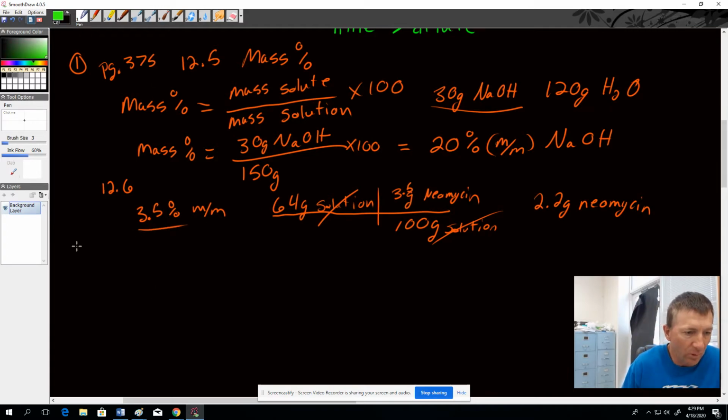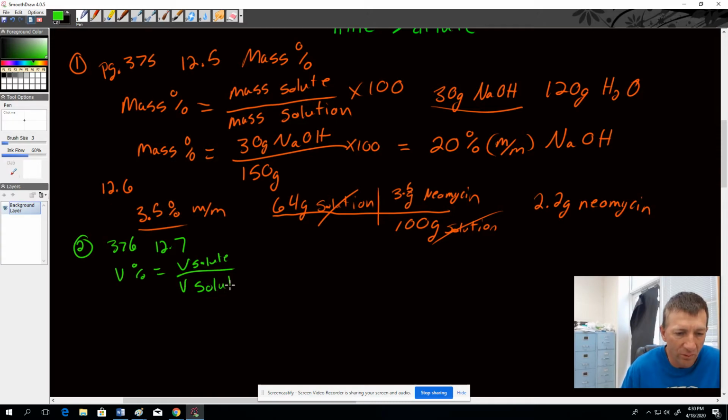The next one, number 2, is volume percent, on page 376, example problem 12.7. Volume percent equals the volume of the solute divided by the volume of the whole solution. Again, remember we're using the whole solution.